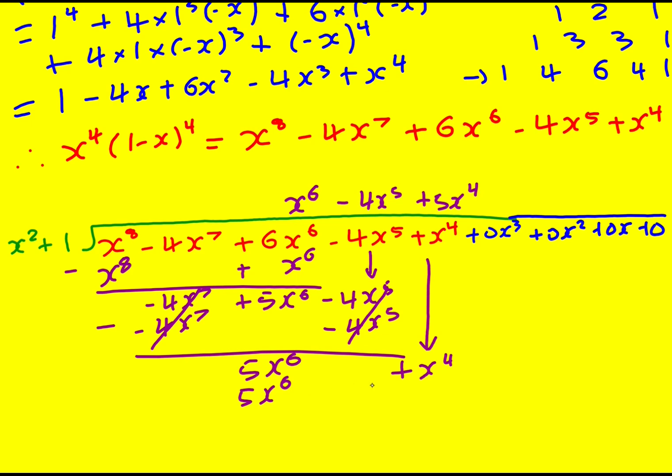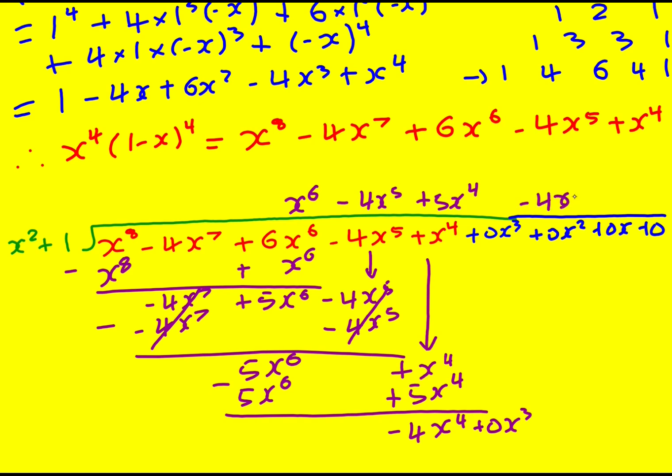Multiply back through. This becomes minus 4x to the 4. Okay, and then actually all the rest are zeros now. x squared into minus 4x to the 4 is going to go minus 4x squared. So we miss out the x cubed term.